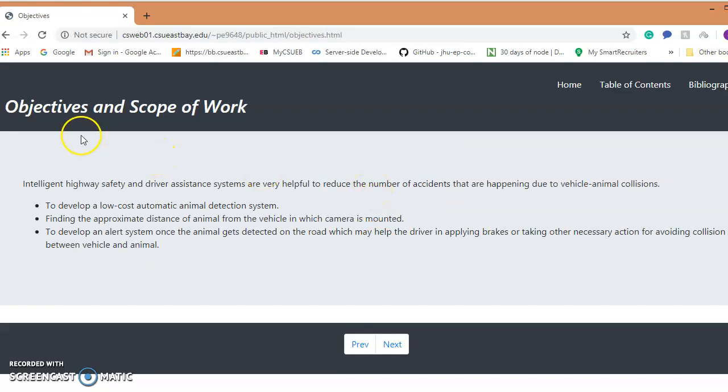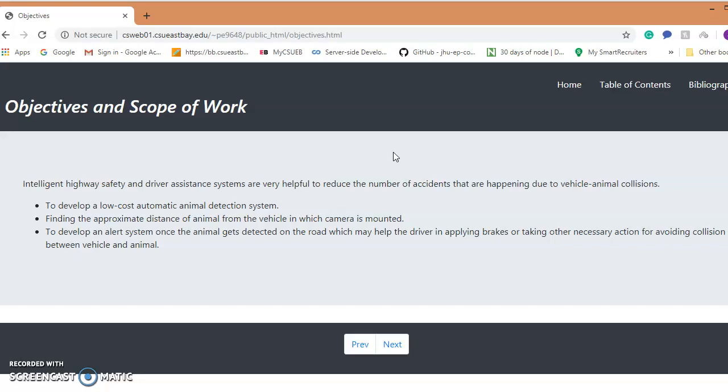So basically these are the objective and scope of the work, that is to avoid collision between animals and vehicles. The objectives are to develop a low-cost automatic animal detection system so that we can mount this system on the vehicle, and it should be practically feasible.